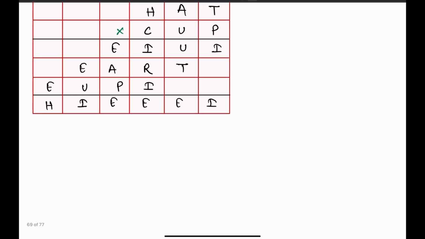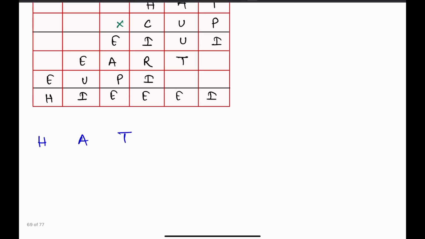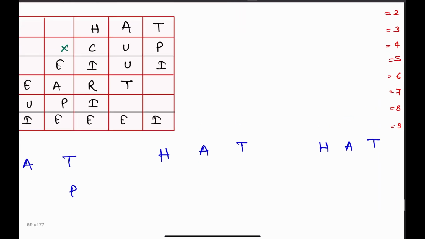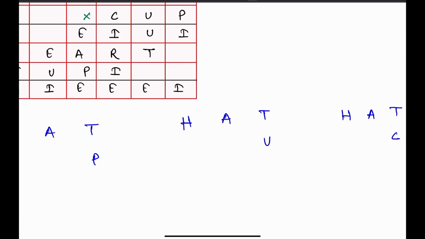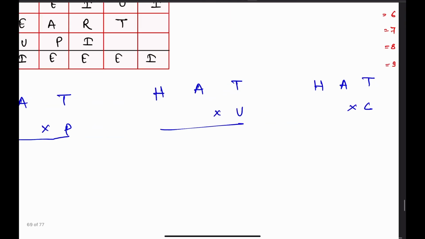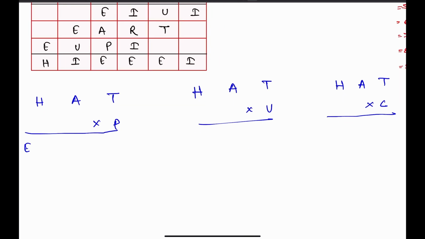Okay, let's write everything out. HAT when multiplied with P, here also HAT multiplied with P U C. When multiplied, the values I am getting over here are EIUI, then here I am getting EART, then EUPI.